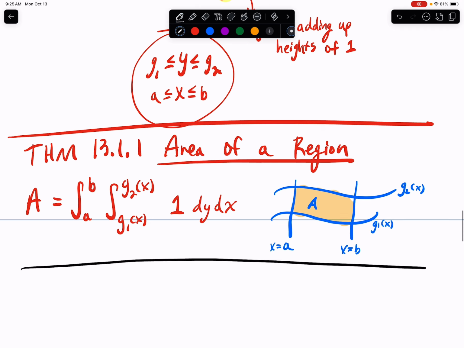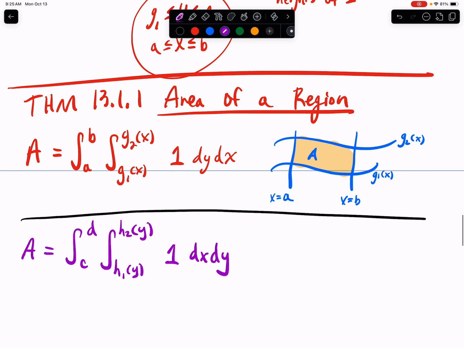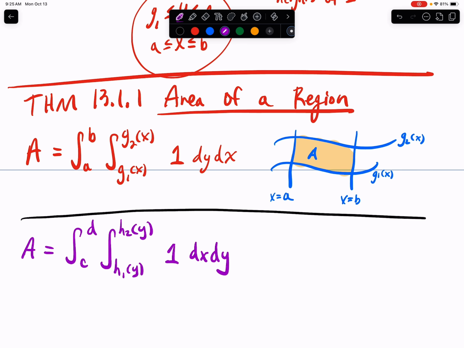Now, the area A also equals the integral from c to d, integral h1 of y to h2 of y of 1 dx dy. So we change the order now. Now that the order has changed, what does this tell me?